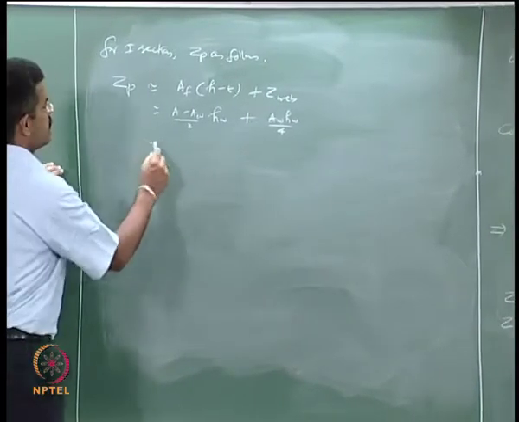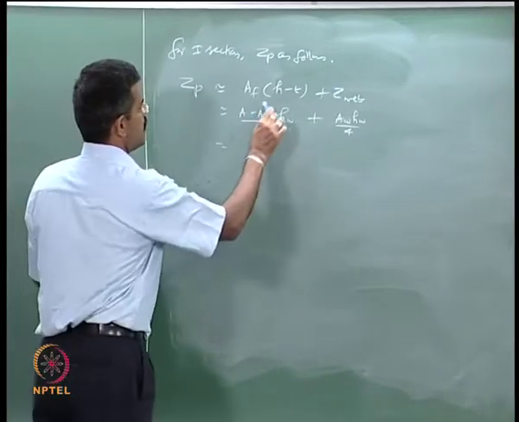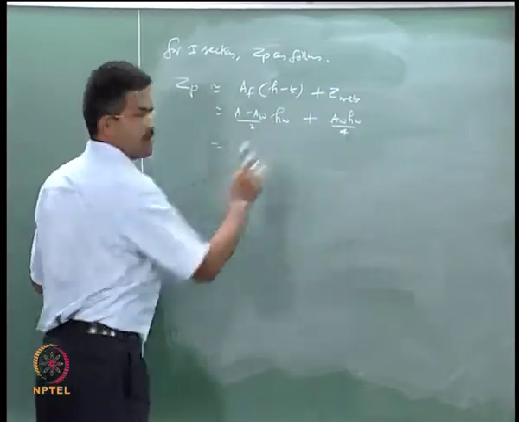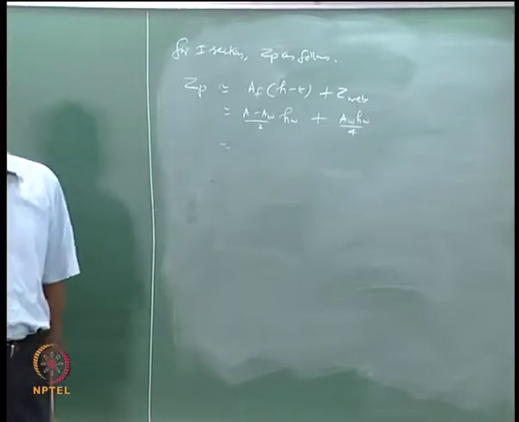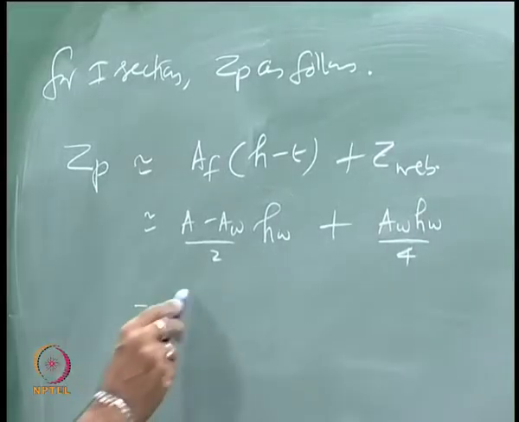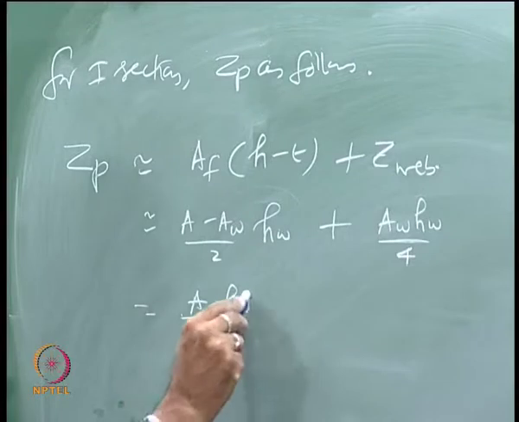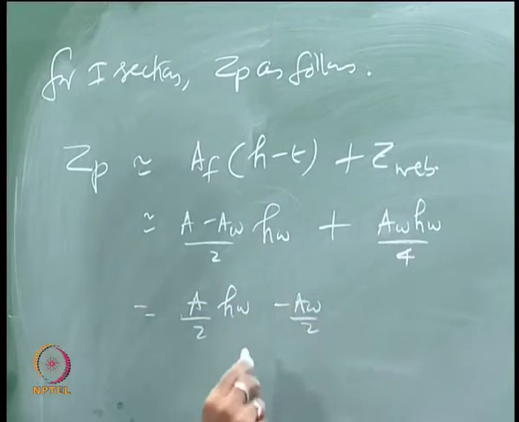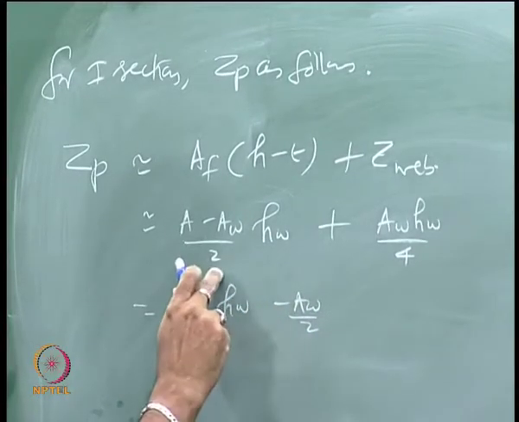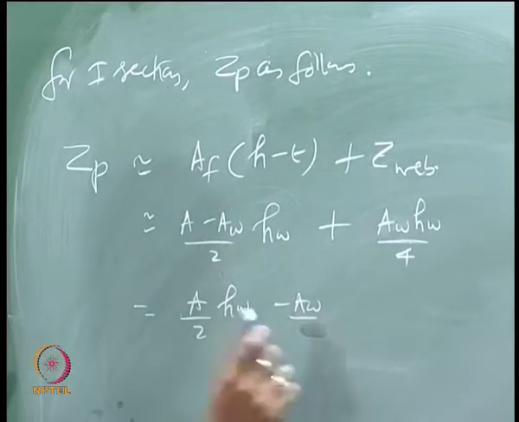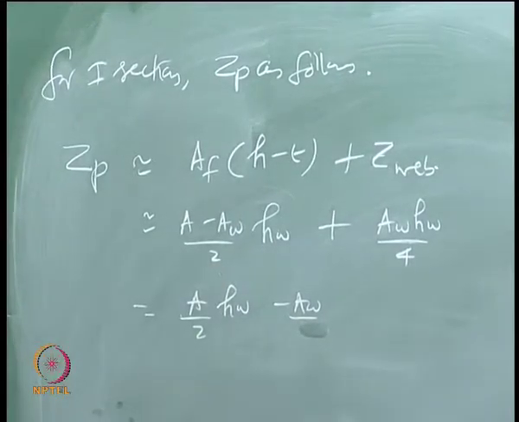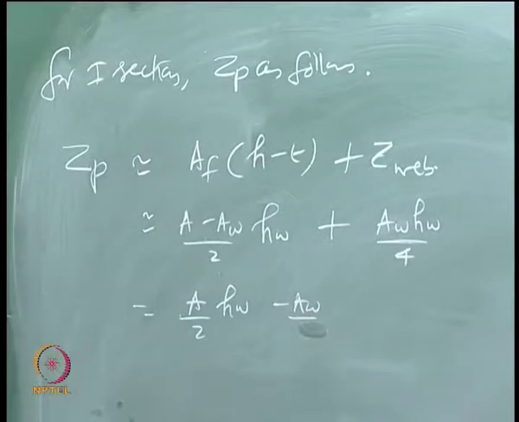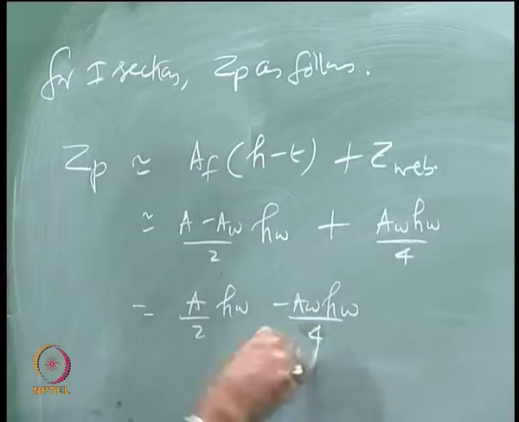Now I can say there is AW HW by 2 here, by 4 here, I can simplify, rewrite this and say that it will become A by 2 of HW minus AW by 2 of 4, is it not? Okay, AW HW by 4.